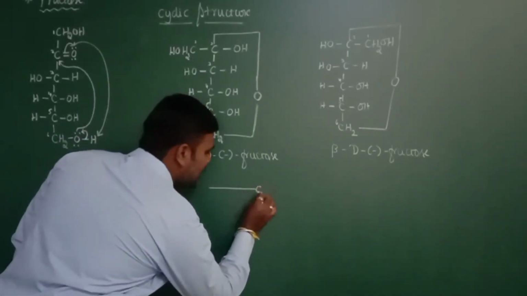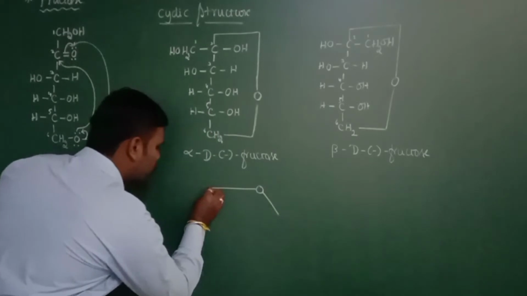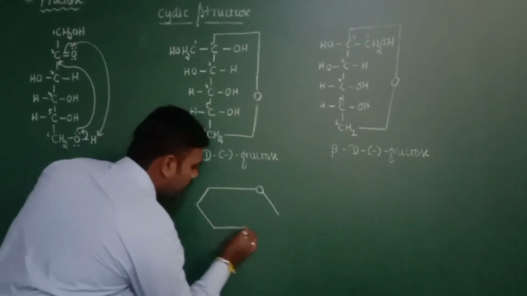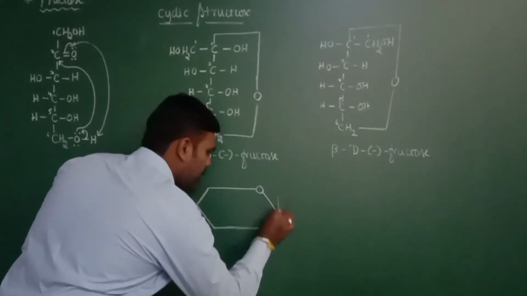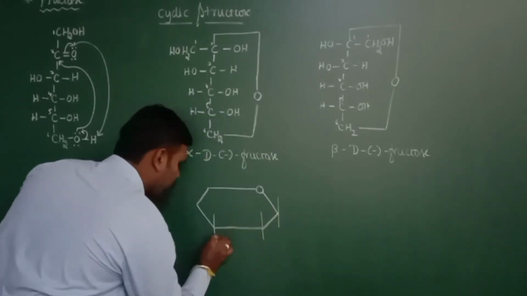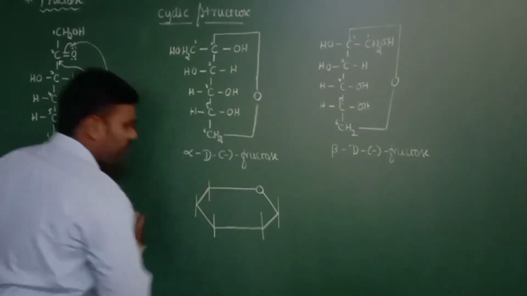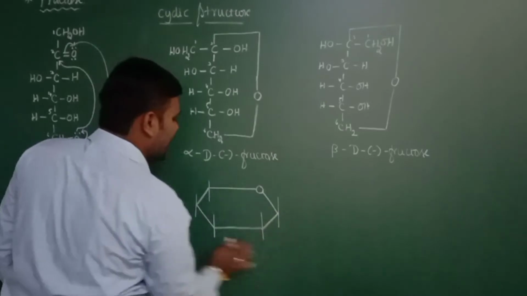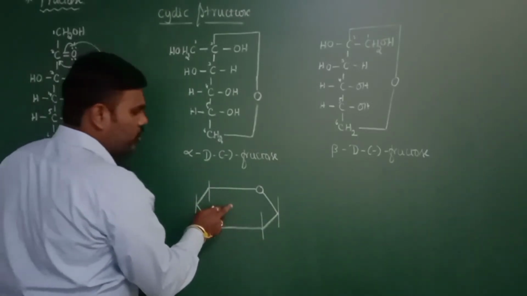First we shall go with the skeletal structure of the pyranose form, which is a 6-member ring like this. So 1, 2, 3, 4 and 5. Right? So this is the skeletal structure of the pyranose form.